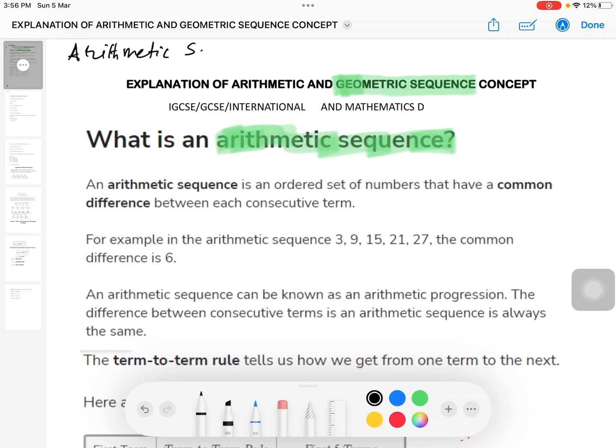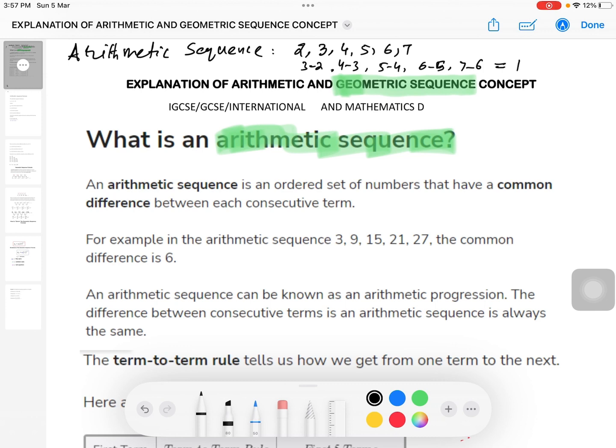Now, what is an arithmetic sequence? I hope many of you will be familiar with this sequence. I'm just giving a small example: 2, 3, 4, 5, 6, 7. Now you see, if you subtract 3 minus 2, 4 minus 3, 5 minus 4, 6 minus 5, 7 minus 6, the answer is what?